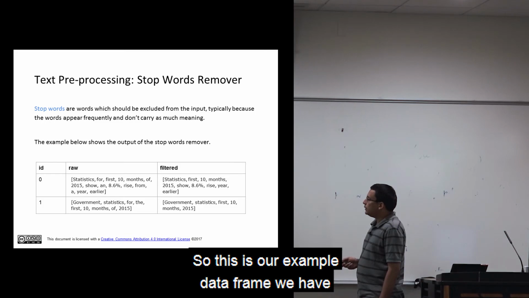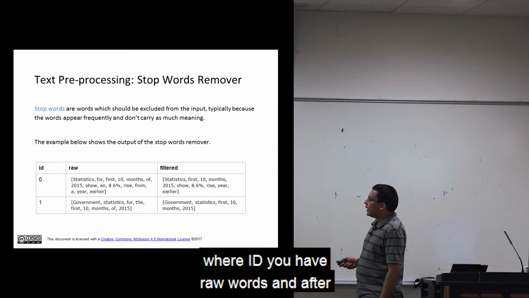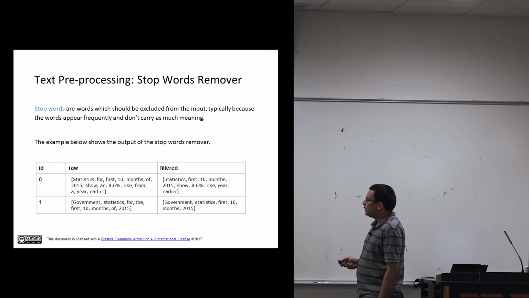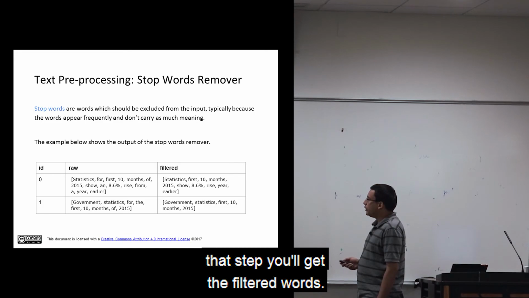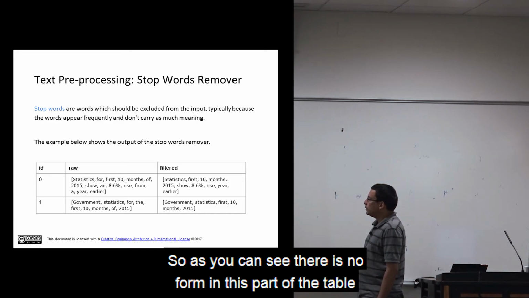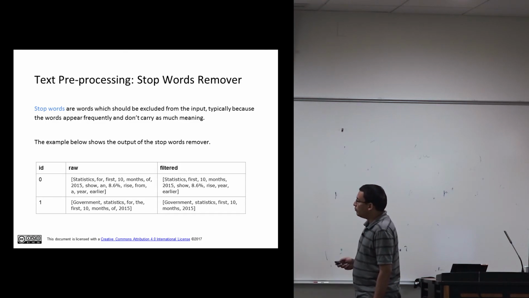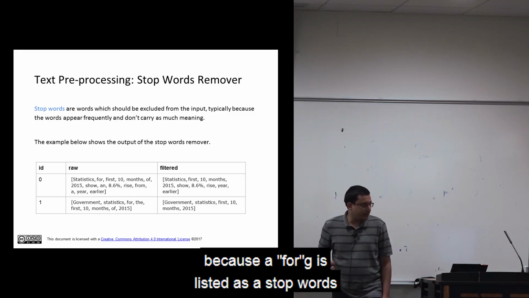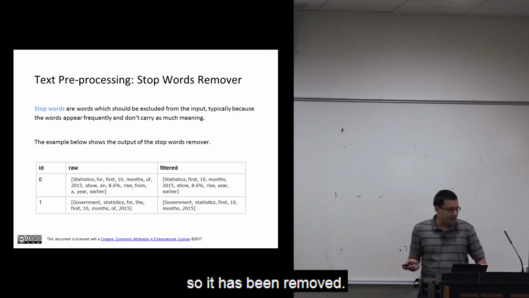This is our example data frame, where you have ID and raw data words, and after the step you will get the filtered words. As you can see, there is no 'for' in this part of the table, because 'for' is listed as a stop word, so it has been removed.